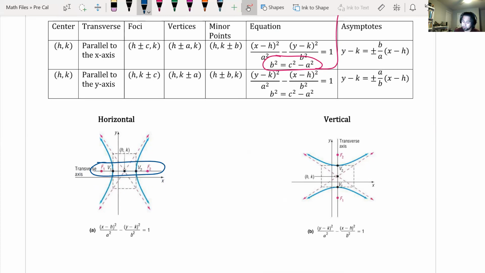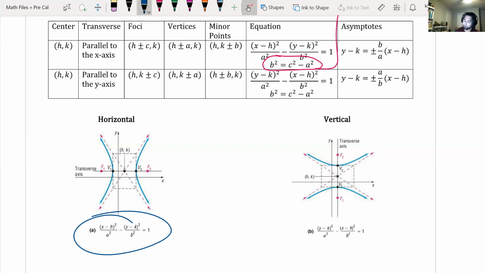And I guess you can make a comparison to parabolas here, because remember with parabolas, the placement of your focus told you how your parabola was going to open. So look at this. This focus is to the right, and this hyperbola opens right. This focus is to the left, and that hyperbola opens left. And if you are horizontal, your formula is x minus h squared minus y minus k squared.